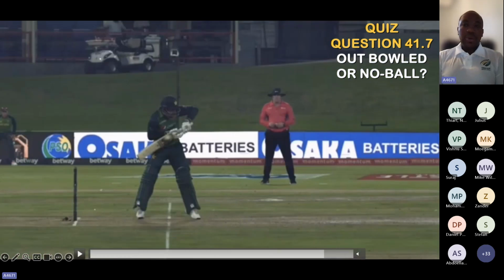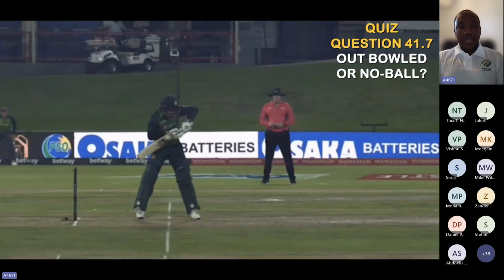I just saw a question in the chat box saying if the striker's end umpire does not call and signal no ball when the ball is obviously above waist height, can the bowler's end umpire call and signal no ball? The answer is yes.